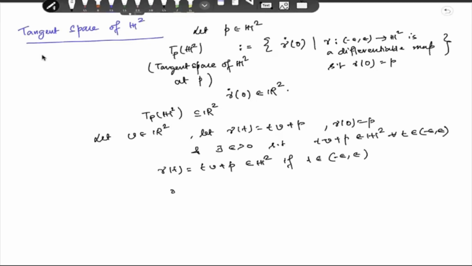And also note that this is a differentiable path, and gamma dot 0 is nothing but V. So this implies that V belongs to T_P H2. Therefore, this tangent space of the upper half plane is exactly equal to R2, and it is a vector space.